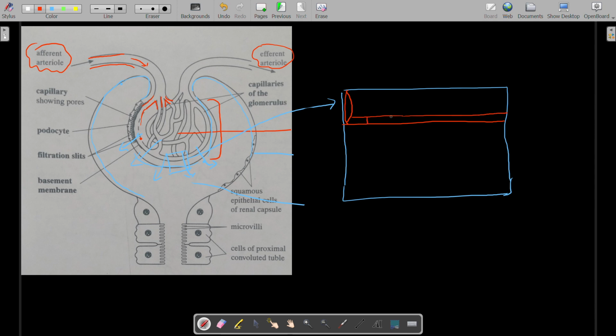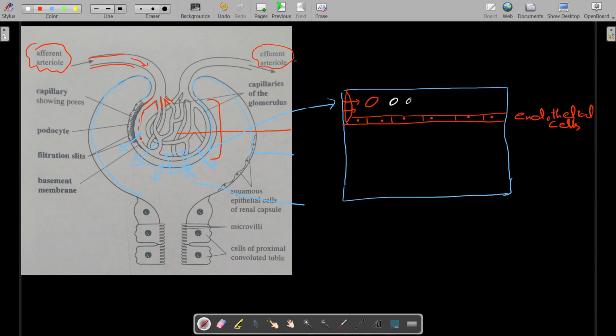We know that the wall of the capillaries is lined by a single layer of cells, and this single layer of cells is referred as endothelium, or these cells are referred as endothelial cells. So this is the endothelium of the capillary wall. Now see, the blood that enters into this capillary contains a lot of components. It has the formed elements like the red blood cells, white blood cells.